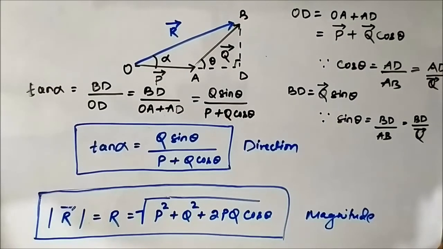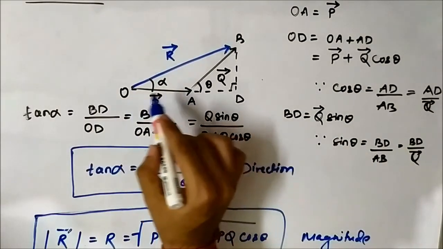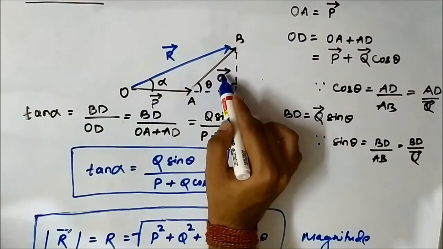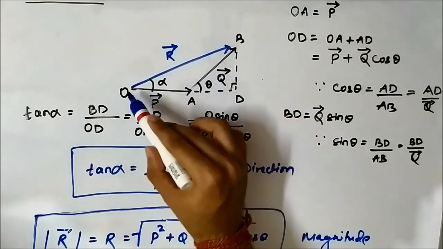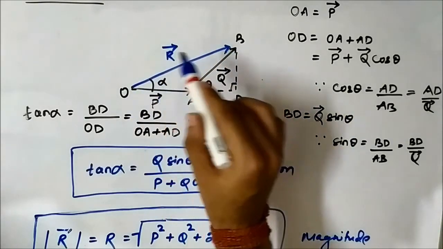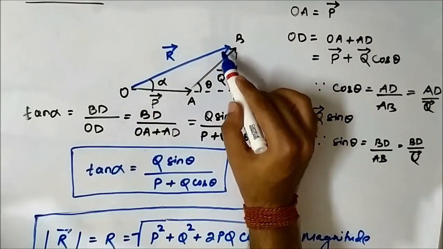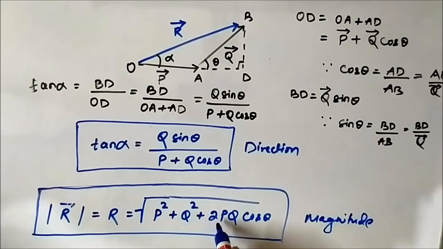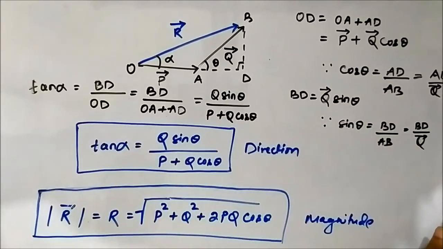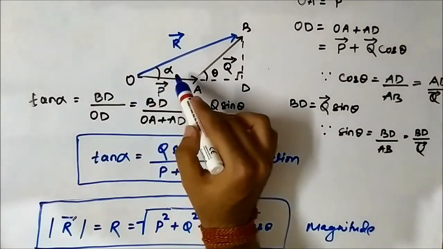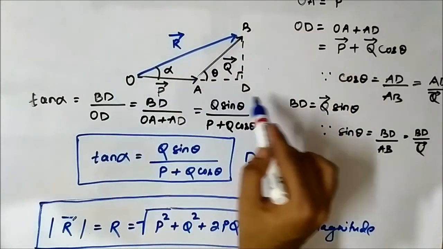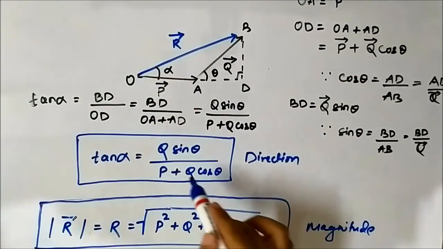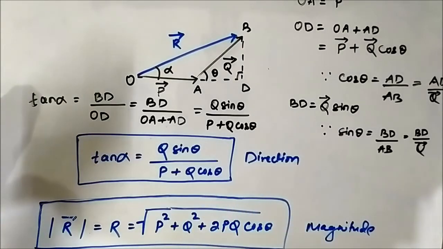So for the triangle law of vector addition, where we have two vectors P vector and Q vector in the same order, the resultant is the third side of the triangle in the opposite order. The magnitude is the square root of P square plus Q square plus 2PQ cos theta, and the direction is given in terms of tan, the angle which the resultant makes with the horizontal axis, which is Q sin theta by P plus Q cos theta.